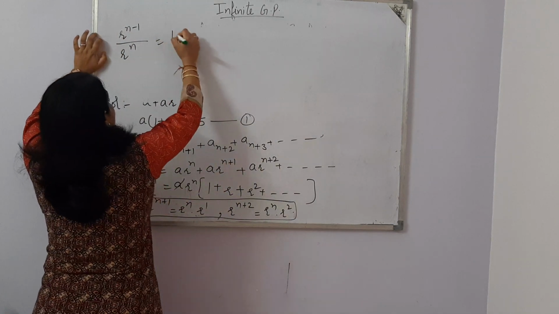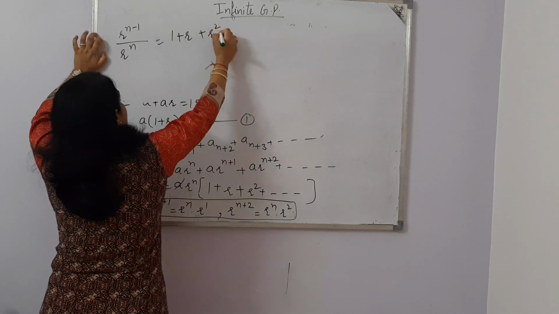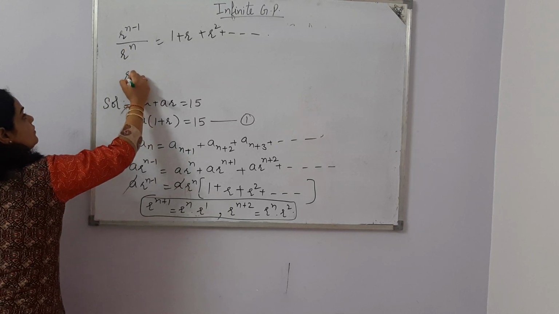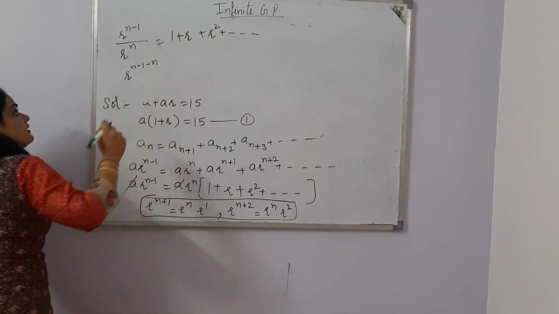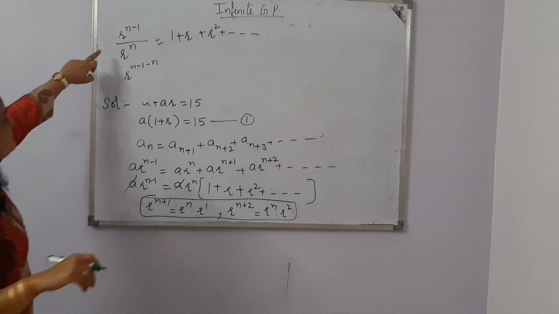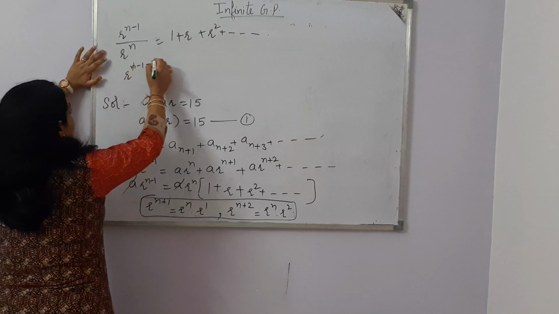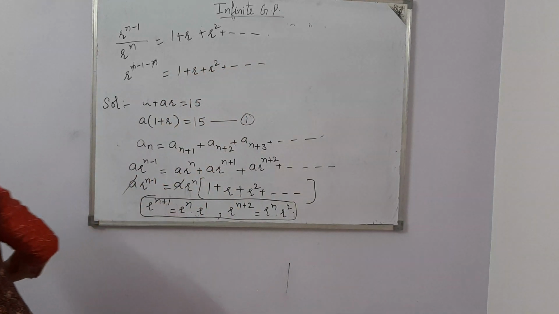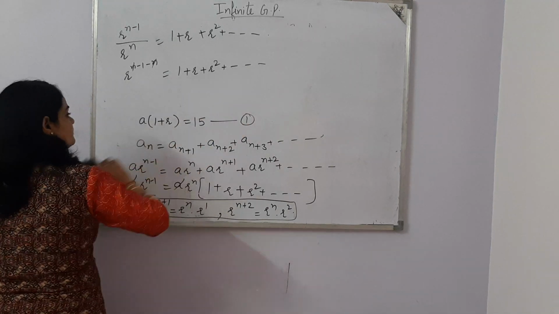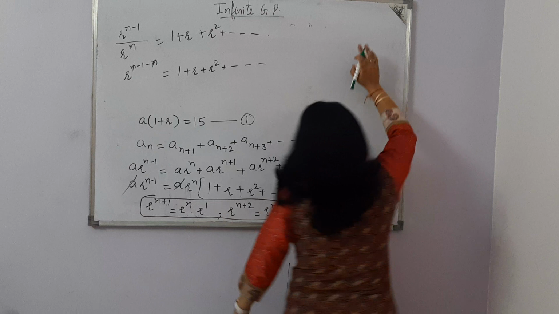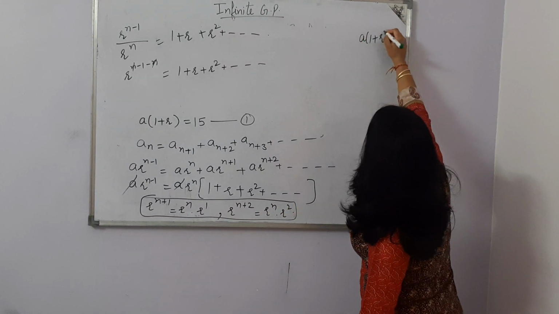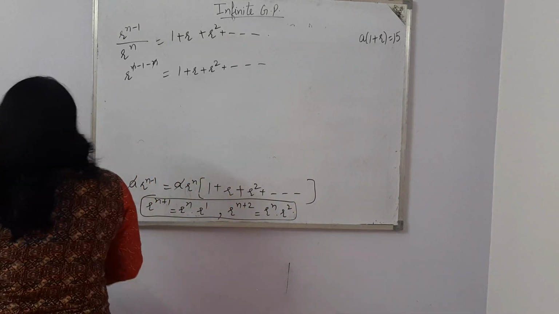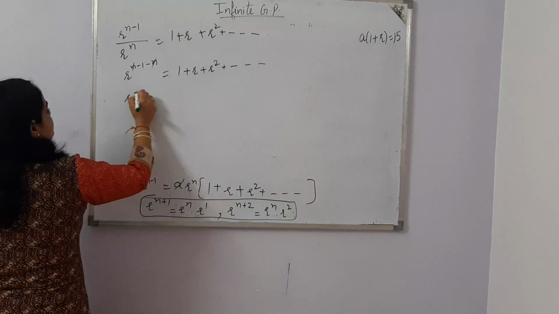So here it is 1 plus R plus R square, and so on up to infinity. The bases are the same, so powers will be subtracted because the division symbol is there. So it becomes R to power minus 1. I am writing this term here because I have to use this term.